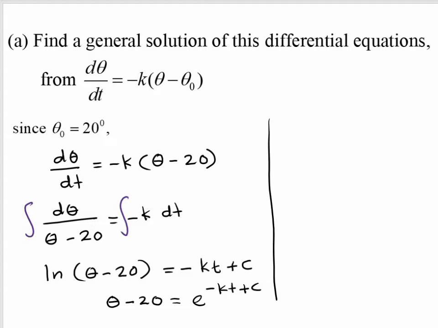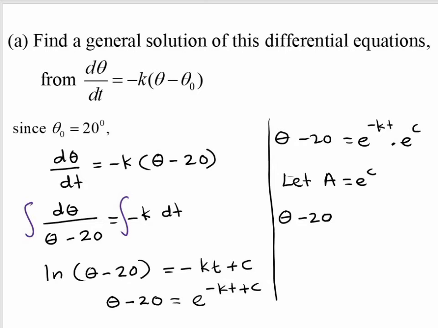So theta minus 20 equals e to the power of (negative kt plus c). And then we have theta minus 20 equals e to the power of negative kt times e to the power of c. And then let's convert e to the power of c to become A. So now we have theta minus 20 equals A e to the power of negative kt.